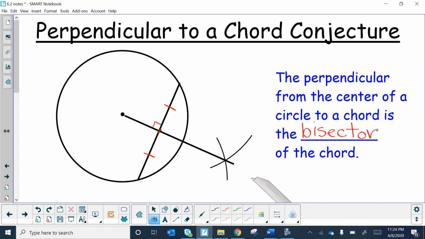So this line right here, that perpendicular bisects the chord. Again, only if it's perpendicular like that, okay? No matter what. So if I draw over here like this, and I have a chord over here and it has that right angle, then you have to now know that this side is congruent to that side. Okay, only if you have the right angle right there.